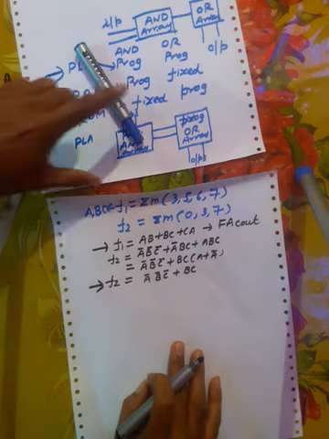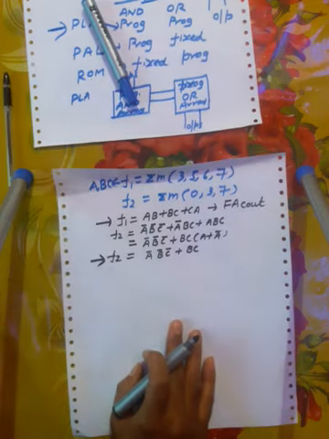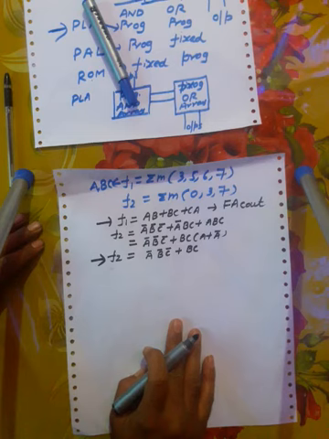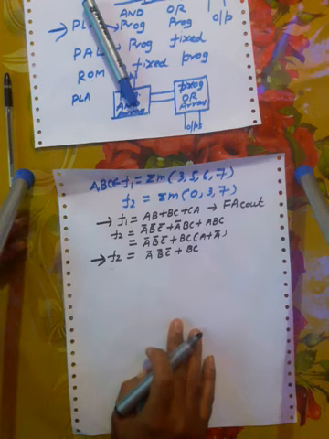Now we will implement by using PLA. In PLA, a programmable AND array is followed by a programmable OR array.